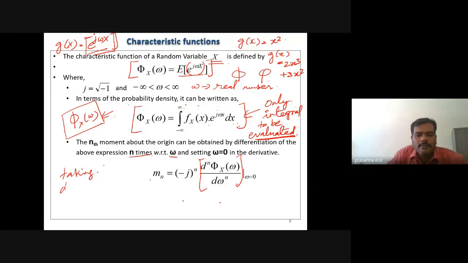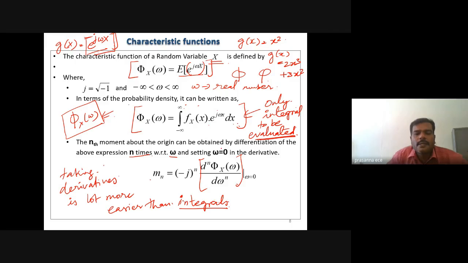Taking derivatives is a lot easier than evaluating integrals. Any derivative we can calculate very fast. Compared to integrals, taking derivatives is very easy.